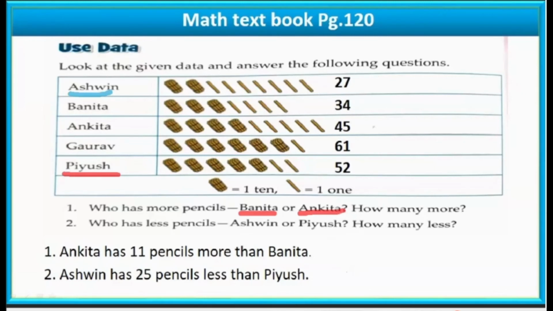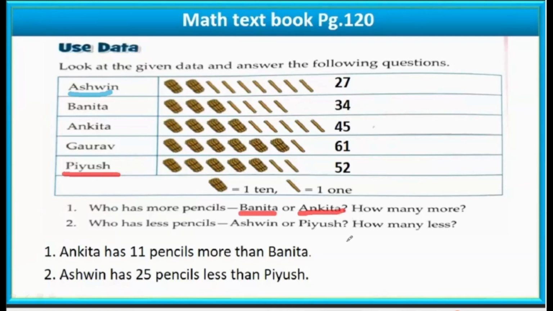So who's having more? Ankita is having more. So let's write number 45 first. Minus. Banita has 34, so we will write 34 down and do the mind calculation. Before 5, 4 in our mind, 4 in our finger. Before 5, 4, 3, 2, 1.